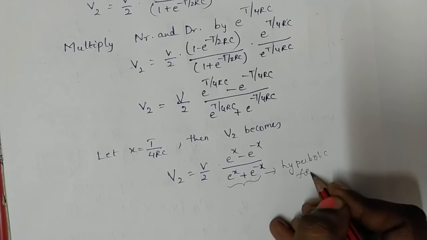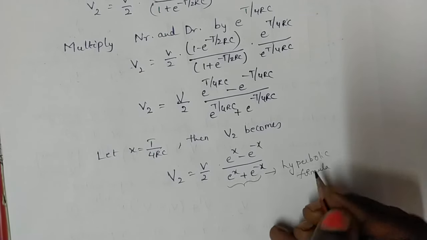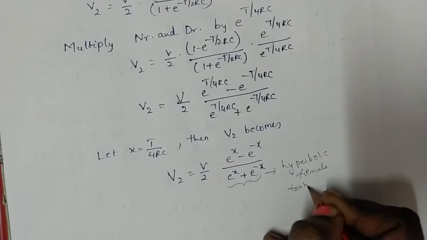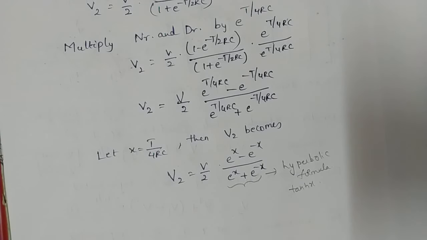Hyperbolic formulas, do you remember? In the hyperbolic formulas, the tan hx formula, where x equal to t by 4 RC. The term e power of x minus e power of minus x by e power of x plus e power of minus x is represented as tan hx.